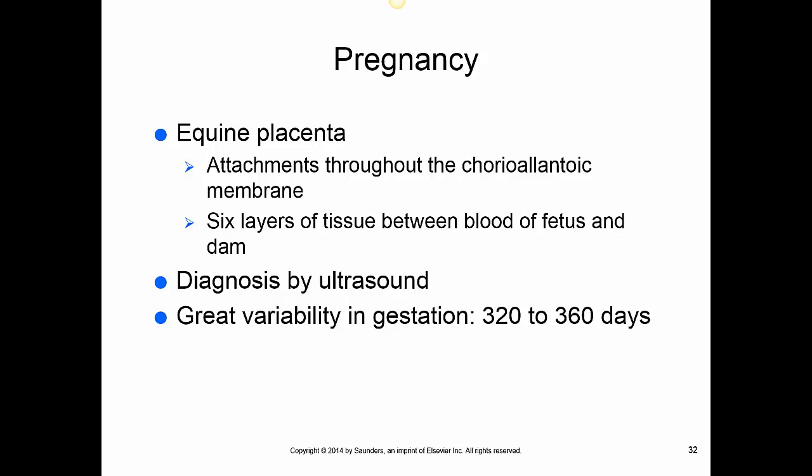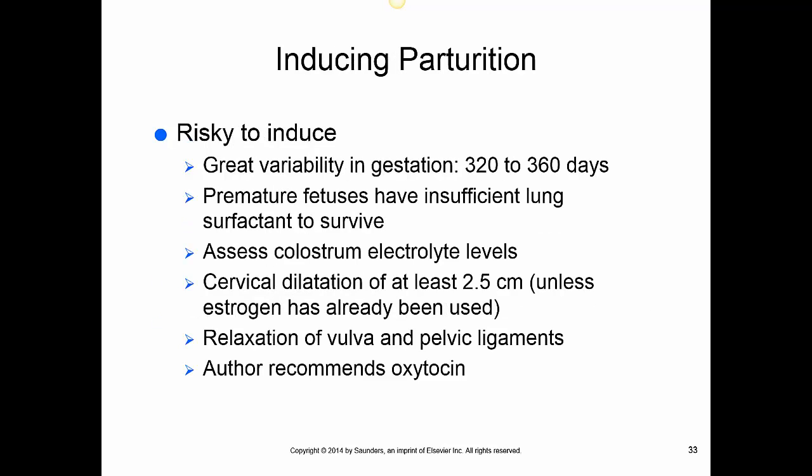One thing also about going back here to pregnancy in horses is after 150 days, the placenta and the foal take over the pregnancy, and so they're the ones that are actually going to maintain the pregnancy. Inducing parturition is very risky in horses because of the great variability in gestation.